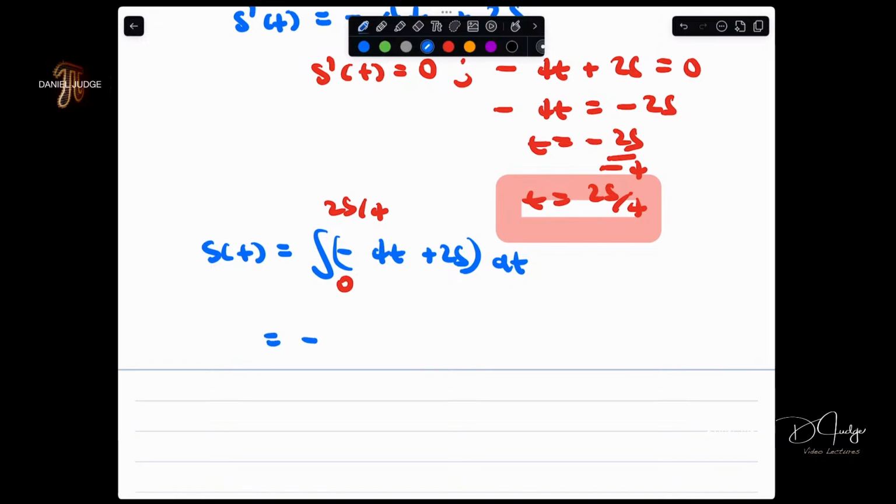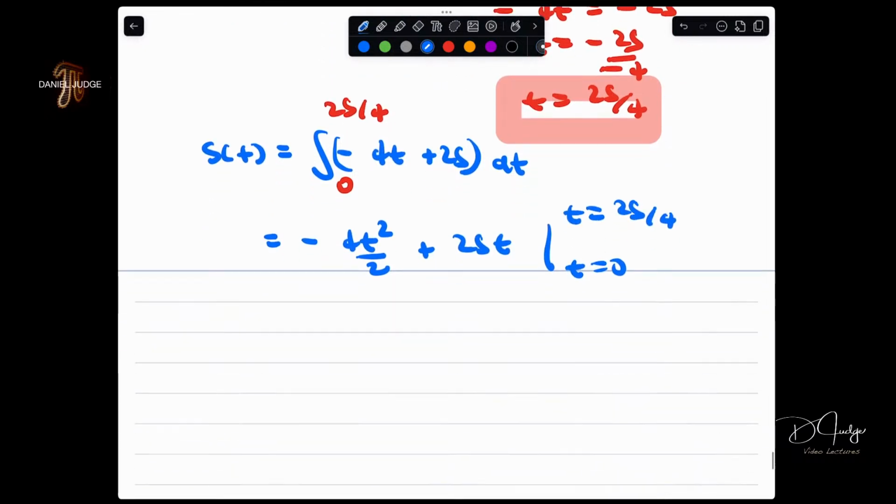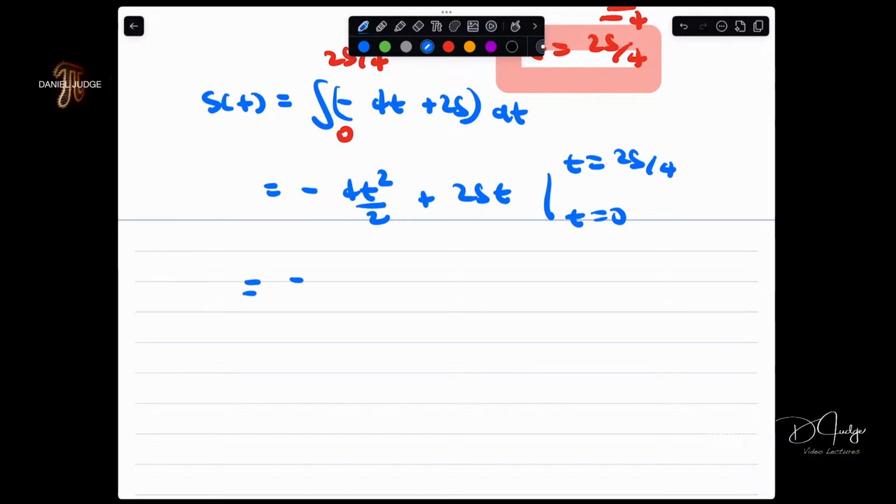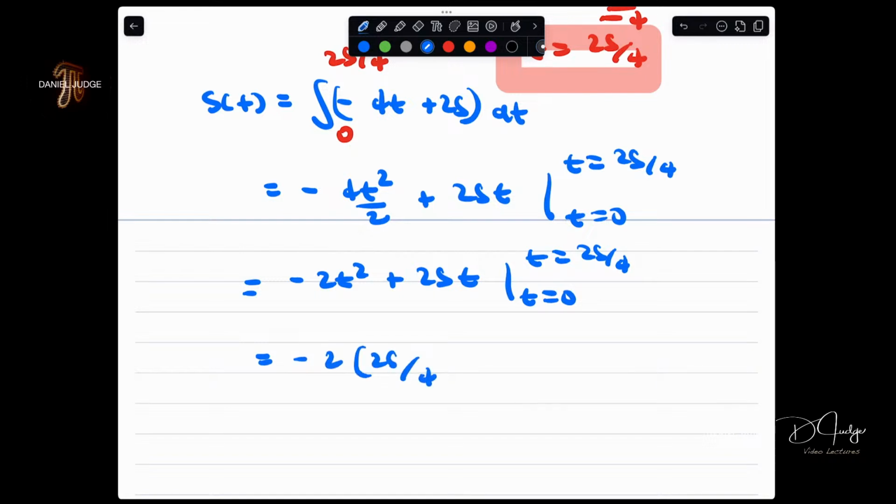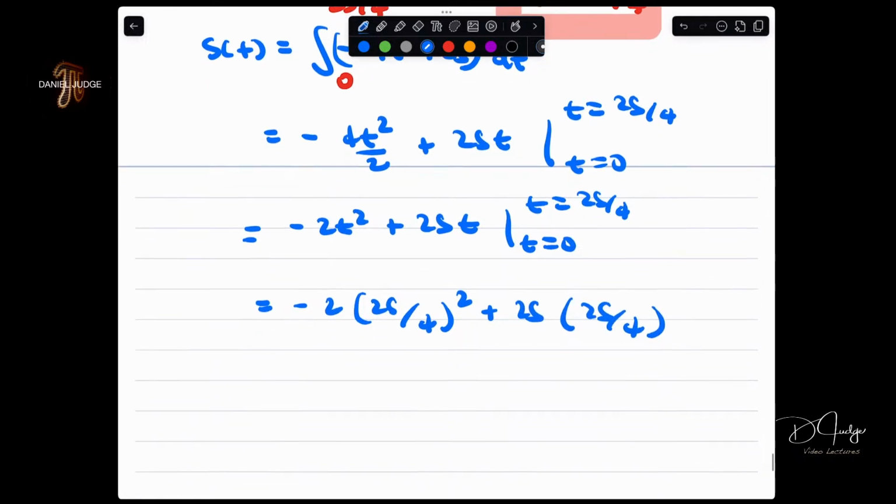So that's going to be negative 4t squared over 2 plus 25t, evaluated from t is 0 to the 25 fourths of a second, which is negative 2t squared plus 25t, t is 0, 25 fourths. So negative 2, 25 fourths squared, plus 25 fourths, essentially minus 2 times 0 squared plus 25 times 0.